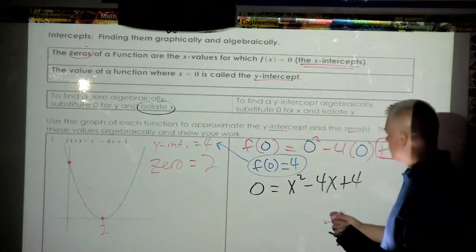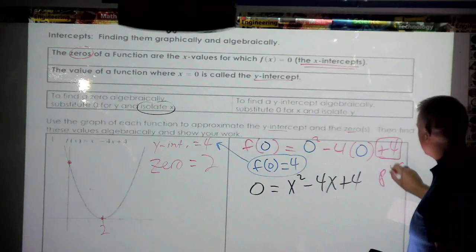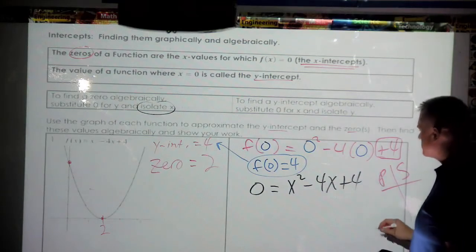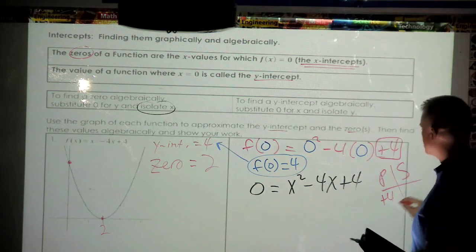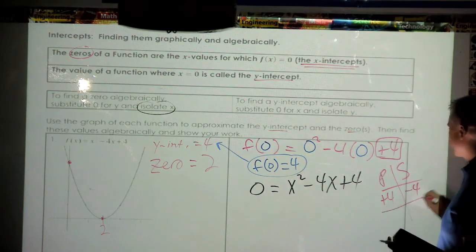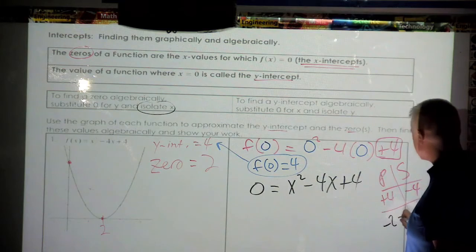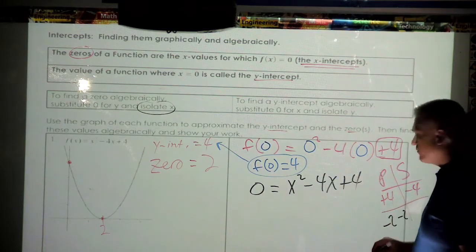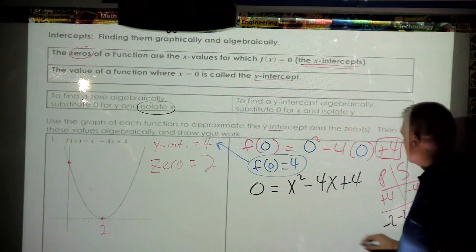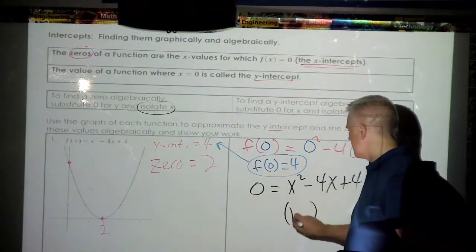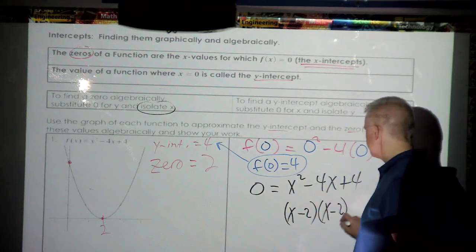So we can factor this. Product-sum: our product has got to be 1 times positive 4, and our sum has to be negative 4. Hopefully you can all figure that negative 2 times negative 2 is positive 4, and negative 2 plus negative 2 is negative 4. So I'm going to go straight to (x minus 2)(x minus 2).